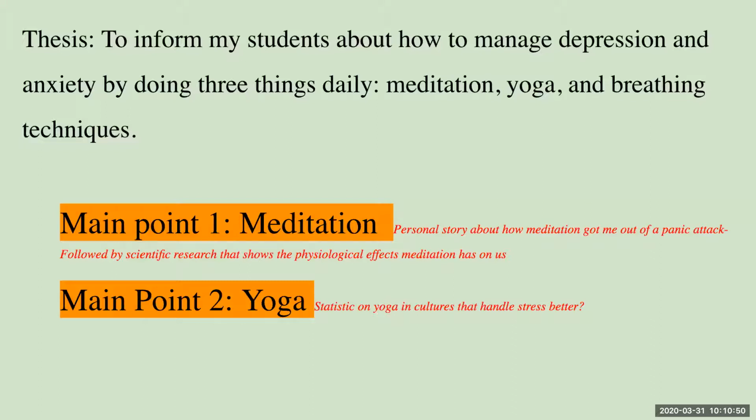I might not find that though, right? So part of when we're doing research, I can go into it thinking, well, this is the research I'd like to find, but you have to be flexible and know that you are having a hypothesis, right? You're making an assertion that I'm going to be able to find research that proves that cultures that do yoga handle stress better than cultures that don't do yoga.